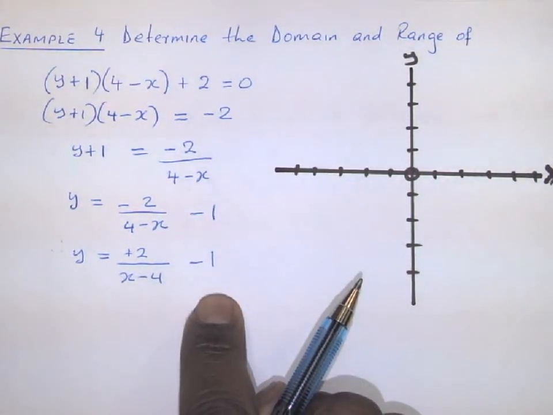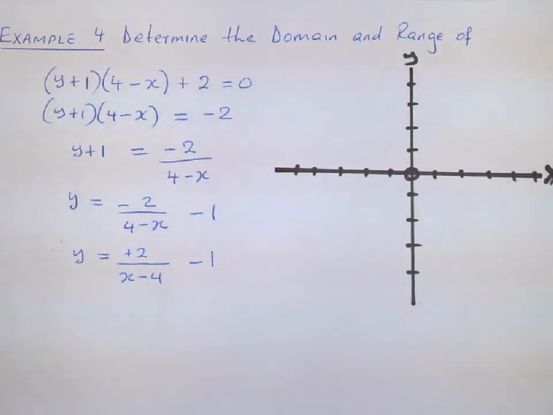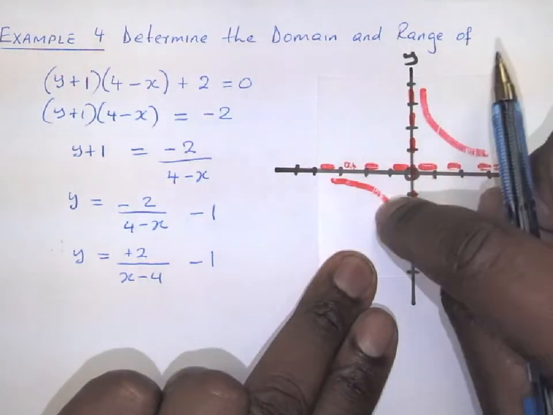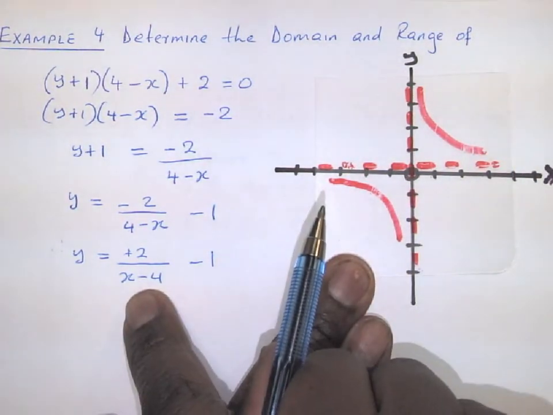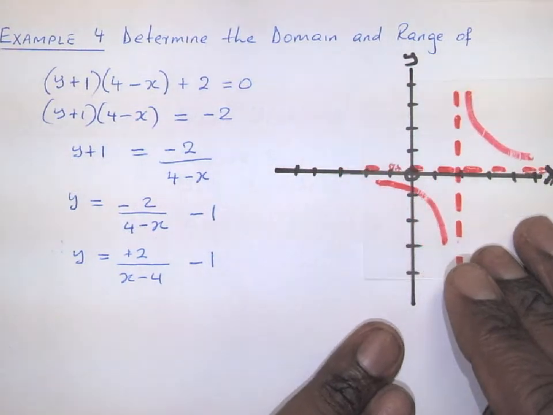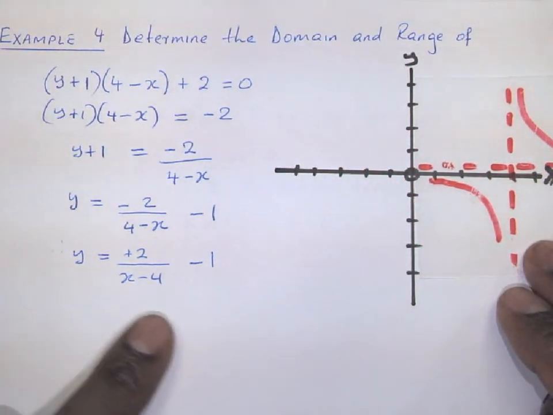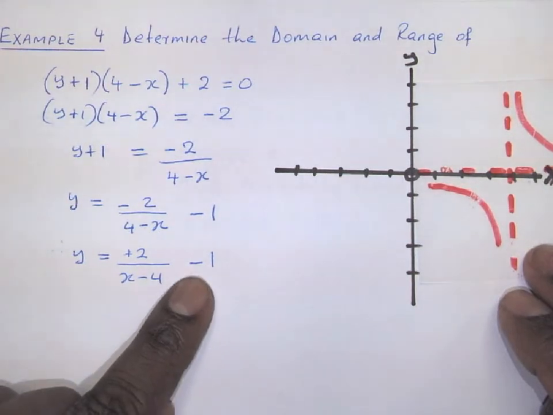Now, this looks familiar because it means that the graph of ours has a positive 2, which means that the arms were there and there, but then they shifted 4 units to the right, 1, 2, 3, 4 units to the right, and then what happened next? Then they shifted the graph 1 unit down.